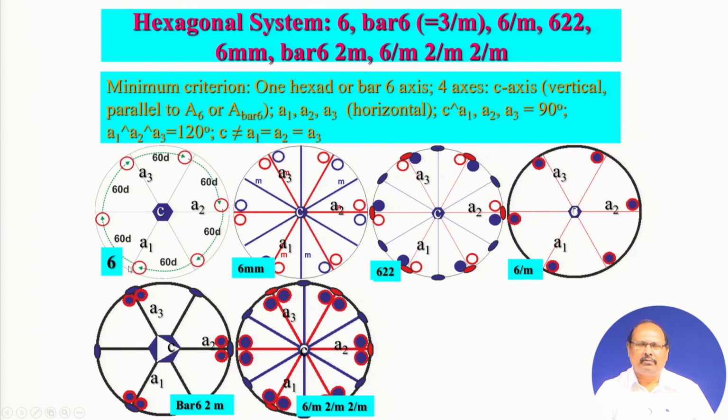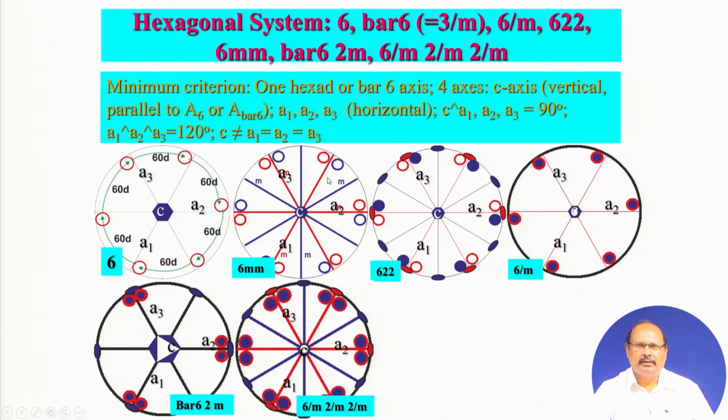That is why they have the same unit cell length, and this is unequal to the C crystallographic axis. You can also explain this with the same analogy using 622 here. For all the point groups of symmetry of the hexagonal crystal system, I have marked the A1, A2 and A3 axes and also the vertical C crystallographic axis.